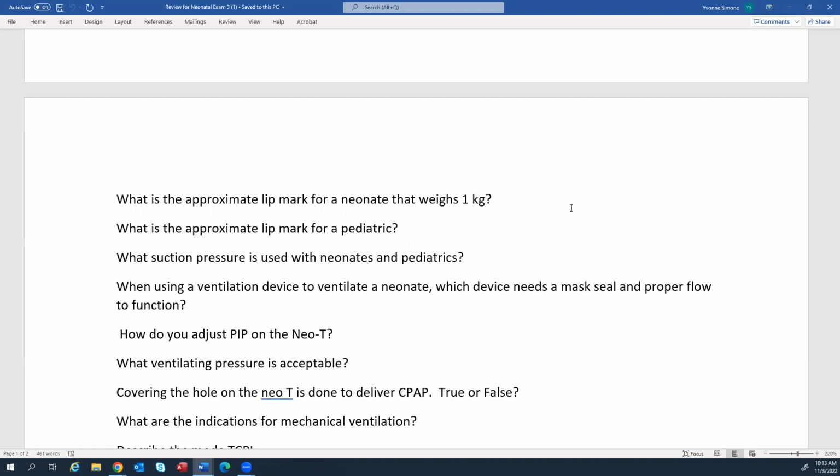Next question, how do you adjust peak pressure on the NEOT? Do you adjust the blue valve around the port that you cover for inspiration? Do you change the flow meter? Do you change the pressure setting on that gauge near the flow meter? So you have to know how to adjust peak pressure on the NEOT.